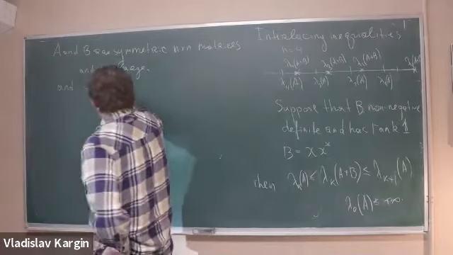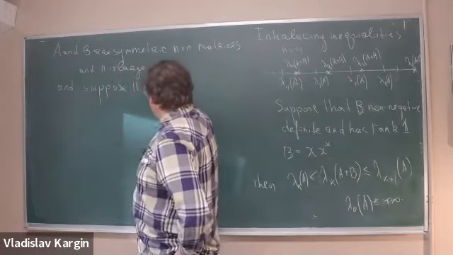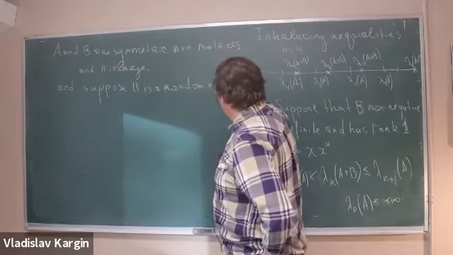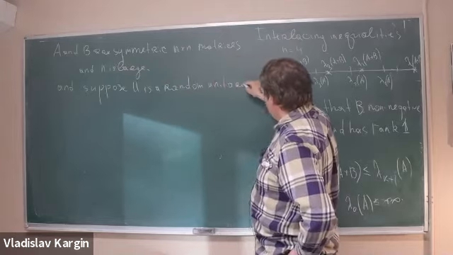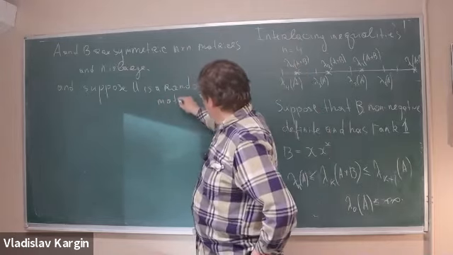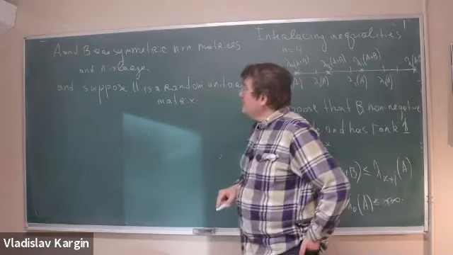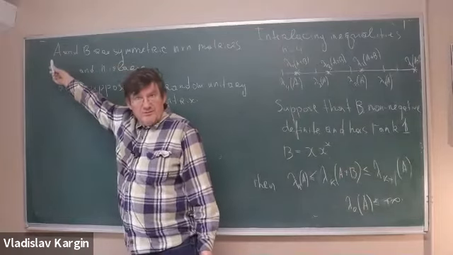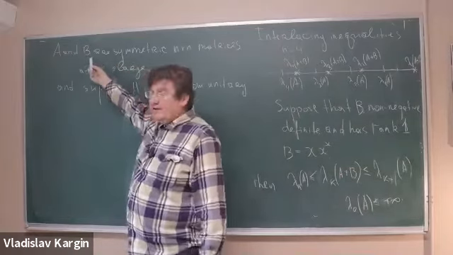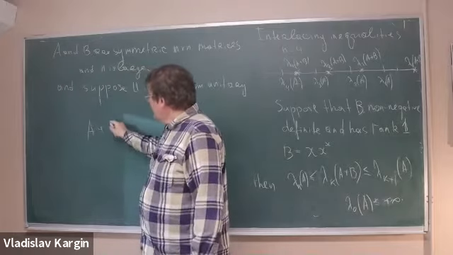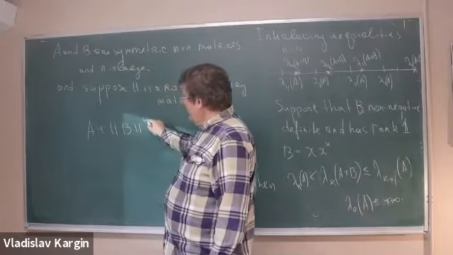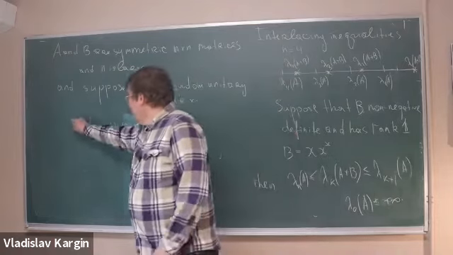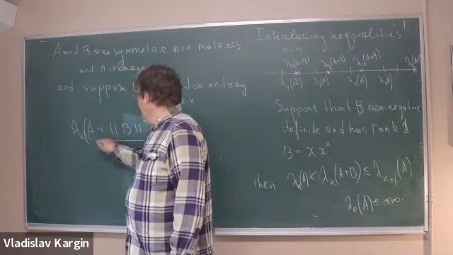Suppose U is a random unitary, orthogonal matrix. That means that we can think of A and B as diagonal matrices, but we look at A plus U B U star. And ask the question: what is the lambda k of this matrix?